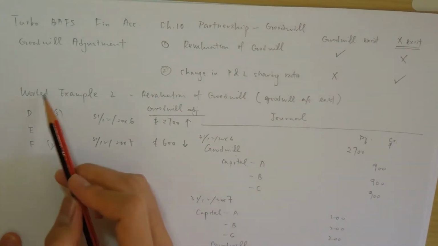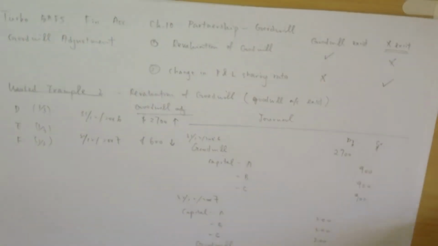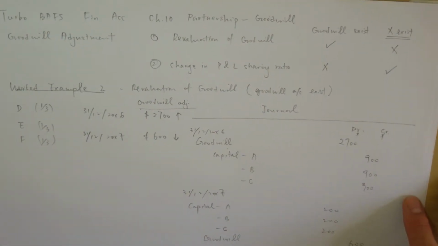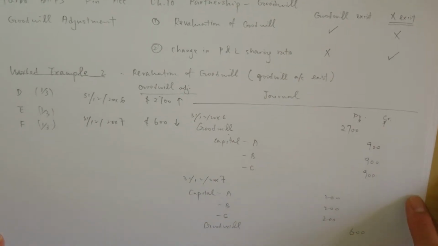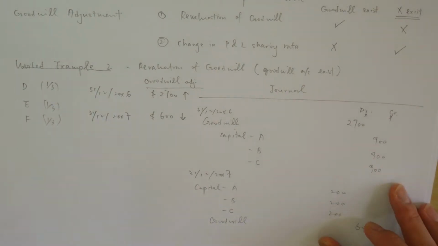So this is worked example number 2, and you find the relevant accounting treatment for the revaluation of goodwill.